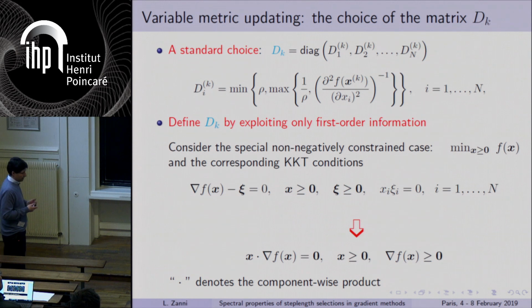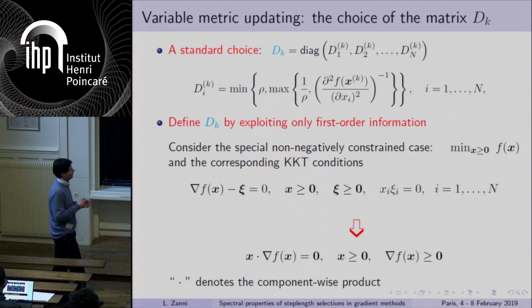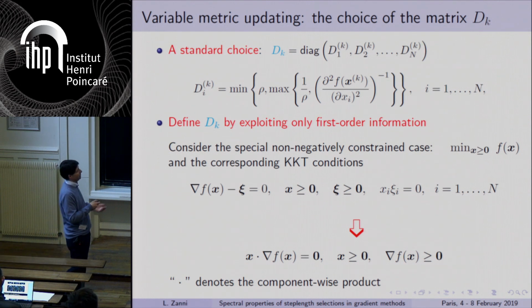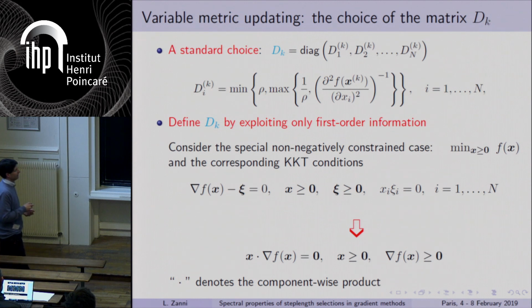And a possible suggestion comes from some kind of interpretation that I try to summarize now. The first is this one. Suppose we have a non-negative constrained optimization problem, which is a classical situation in imaging, and look at the KKT condition for this problem.